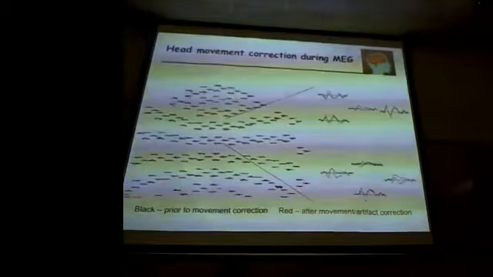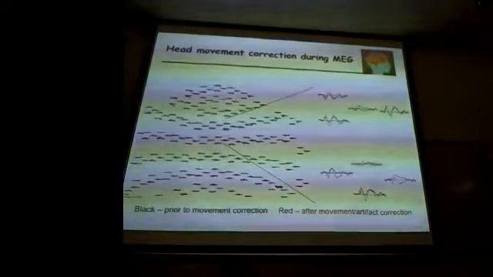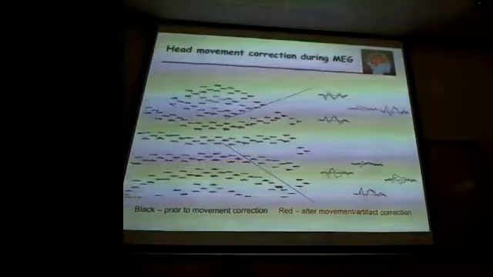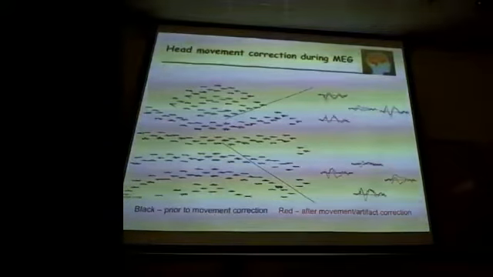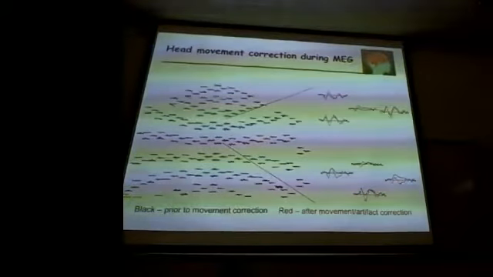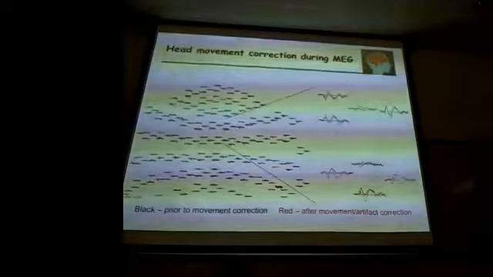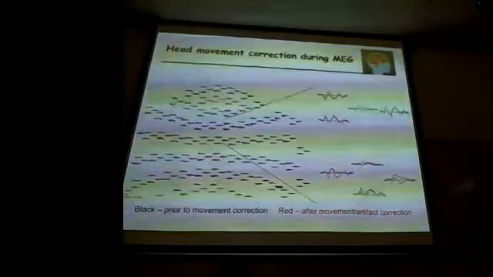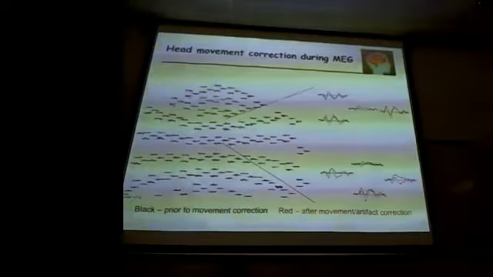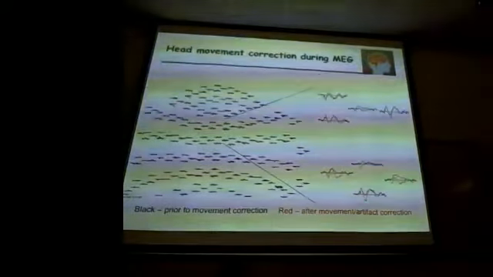And because of that, you can re-register the head to one default head position for that whole scan. And it allows you to really get rid of that spatial smearing that happens because of head movement during the scan. And this is just an example of one data set of an evoked response where prior to movement correction is the black line, and you can see that you have considerable signal gain if you really get rid of that head movement.